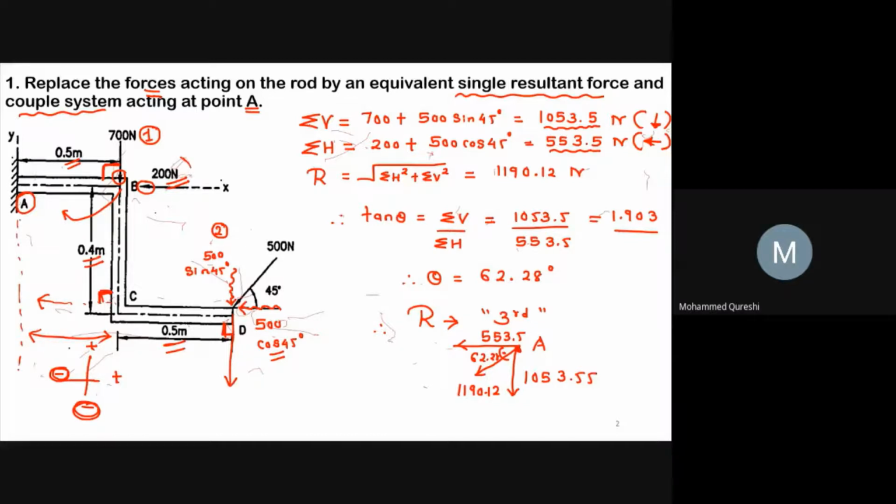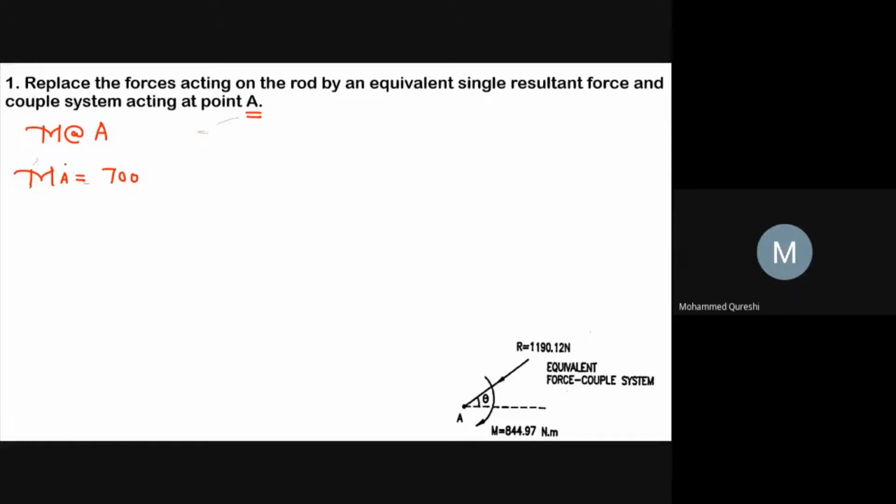And this 200 Newton force will not be considered, as its line of action is the same as the point from where we are taking our moment. So now let us write over here: 700 into 0.5 plus 500 sin 45 into 1 plus 500 cos 45 into 0.4.